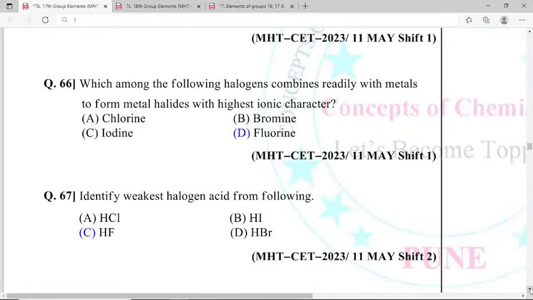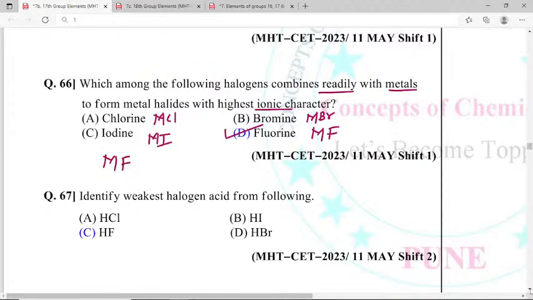Which among the following halogens combines readily with metals? Fluorine, highest ionic character. So this is the question asked for the metal fluoride. This is metal bromide, this is metal chloride, and this is metal iodide. So which is strong?